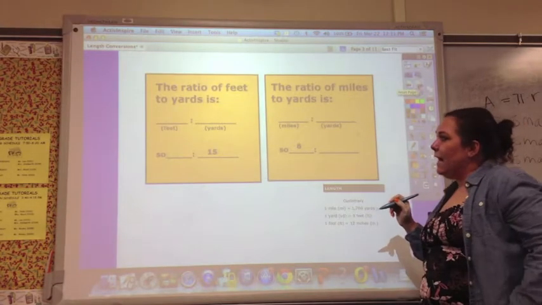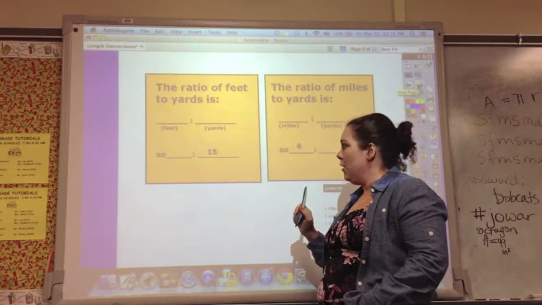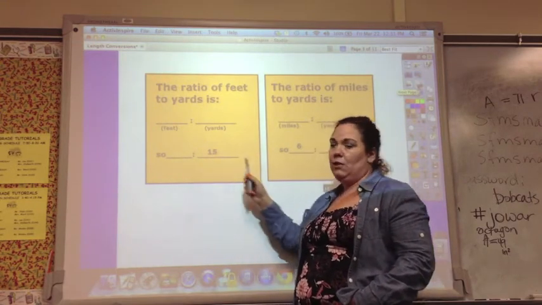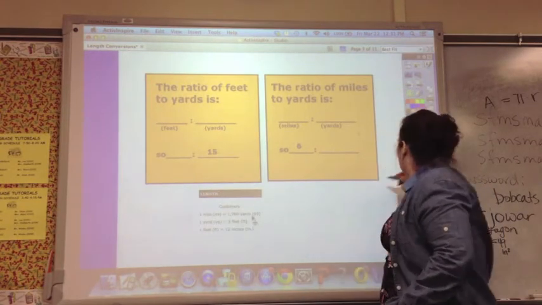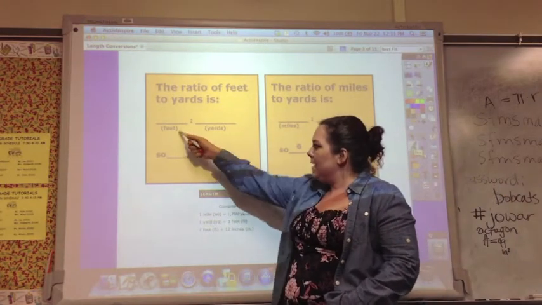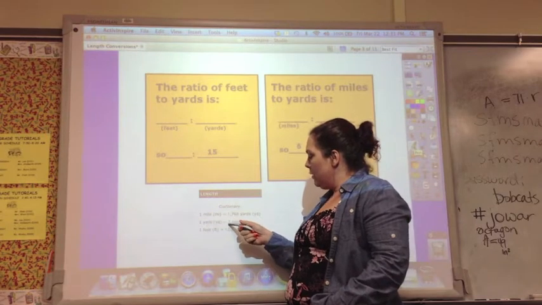So let's look at feet to yards. Ultimately we want to know how many feet are in 15 yards. So what I have to do is look at my conversion chart, because I don't always know this, and look at the basic. What do I know here? It's 1 yard equals 3 feet.